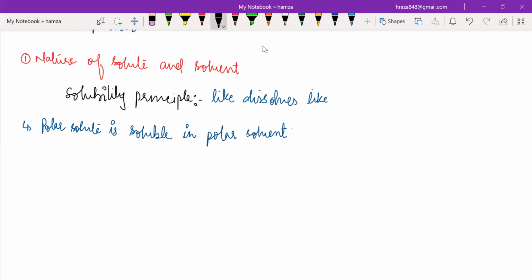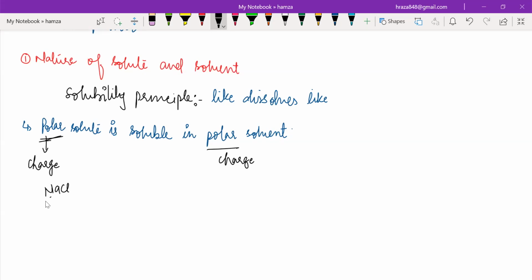No, sir. See, polar means basically charged molecules. Any solute that is charged and any solvent that is charged is called polar solute or polar solvent, or you can call it polar compound. Charged means plus or minus, both, right?